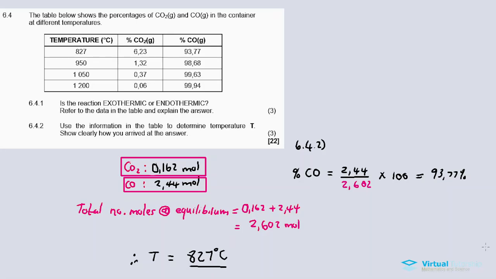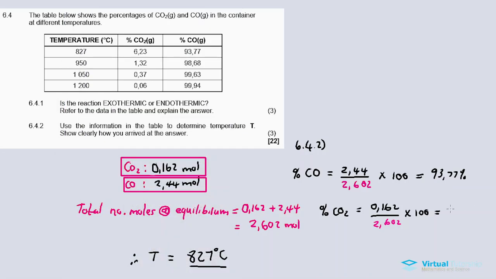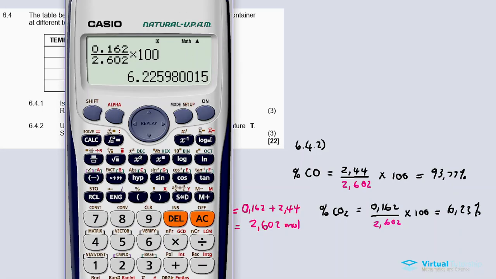I can also do it with carbon dioxide if I want. Let's calculate: 0.162 divided by 2.602 times 100 is equal to 6.23% in 2 decimal places.